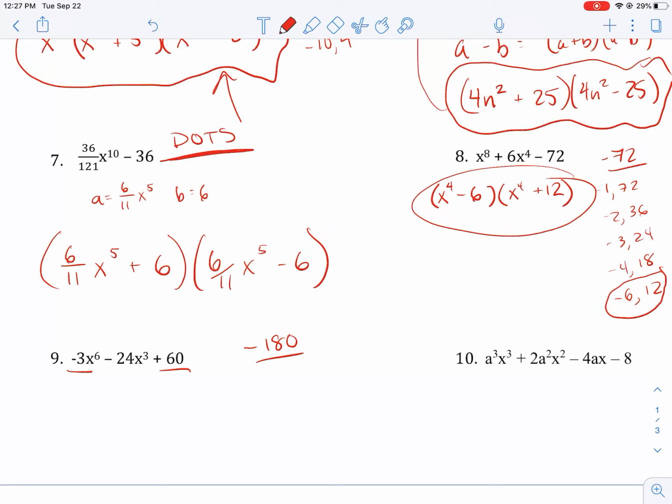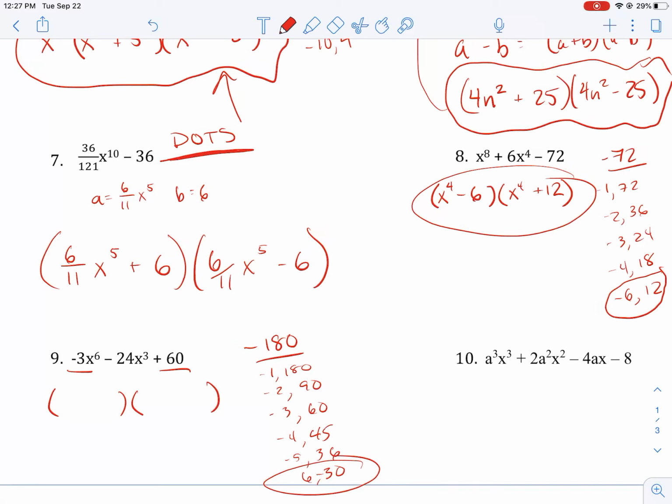Okay, so I'm looking down through here, and one of the factors I see is 6. Well, let me just do them all here. Negative 1, 180, negative 2 and 90, negative 3 and 60, negative 4, 45, negative 5 and 36, negative 6 and 30. I'm going to stop right there because I know that adds up to negative 24. Okay, but I am going to have to switch these signs. That becomes negative.